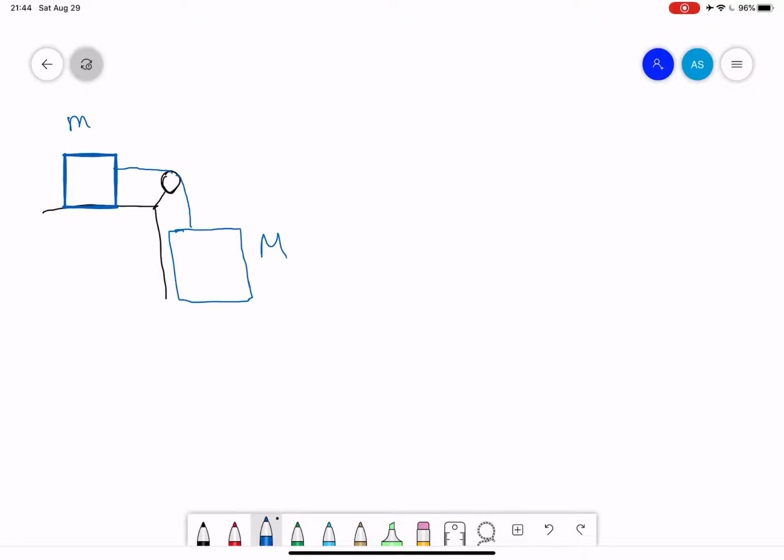The mass of the small object is equal to 5 kg. The mass of the large object is equal to 9 kg.